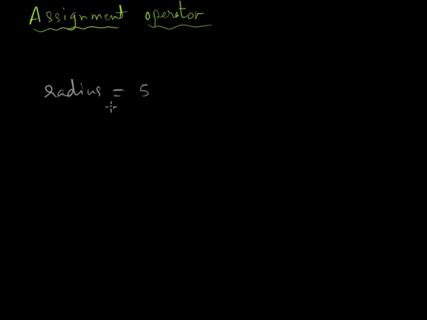This equal to is an assignment operator. What you have on the right hand side, it assigns that value to the left hand side. So LHS is given the value of RHS.